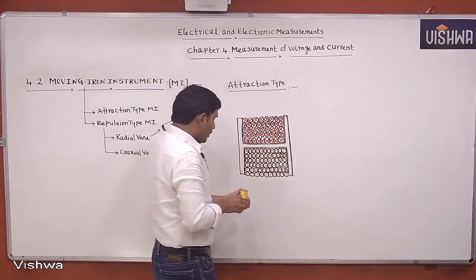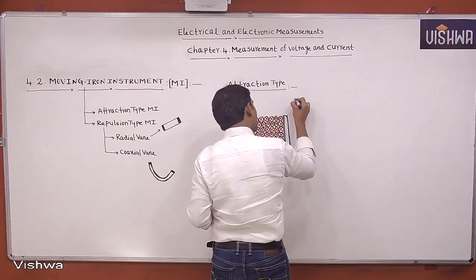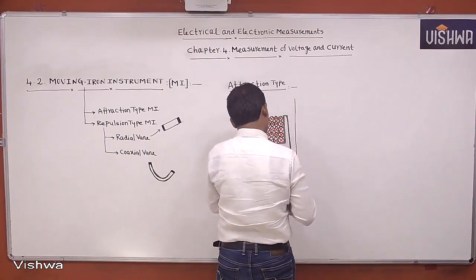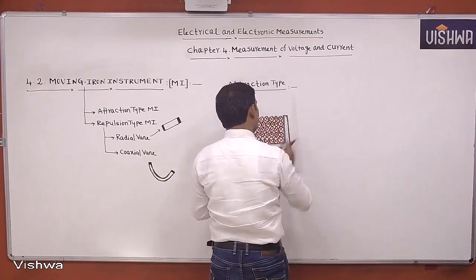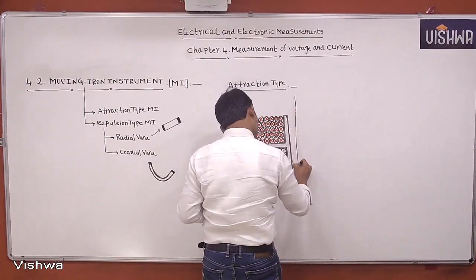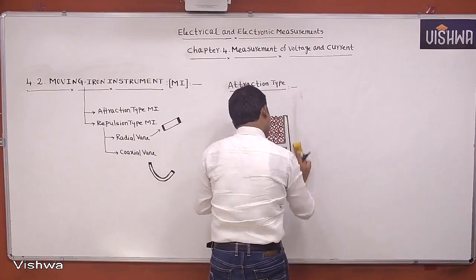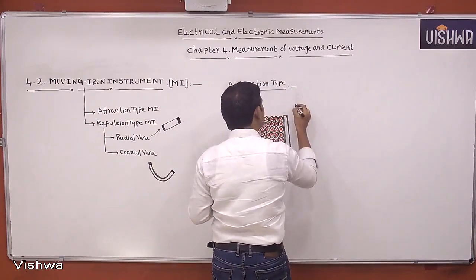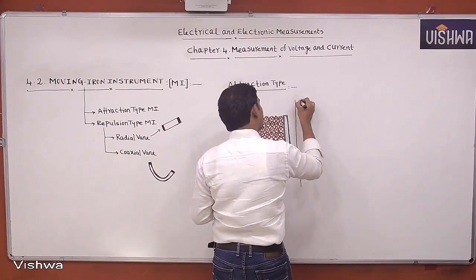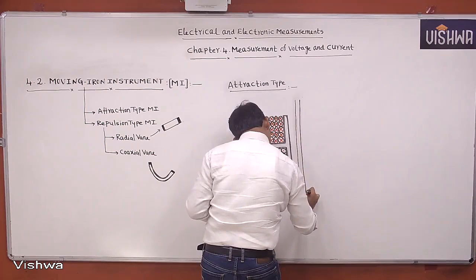Now this consists of a mechanism of spindle like this. This is spindle with jewel bearing suspension.